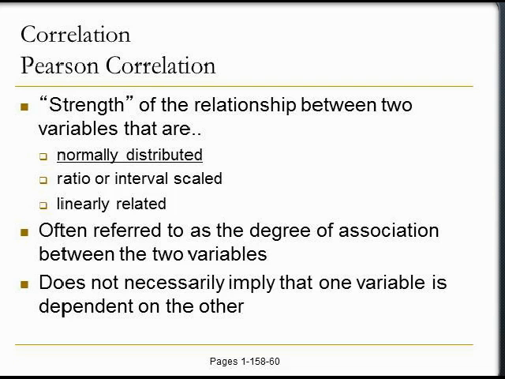So normal distribution, ratio or interval scaled, and linear relationship between the two variables. It's often referred to as assessing the degree of association between two variables. And again, doesn't necessarily imply that one variable is dependent on the other.